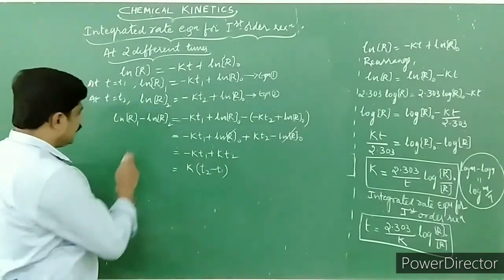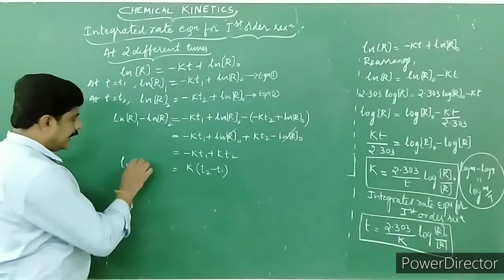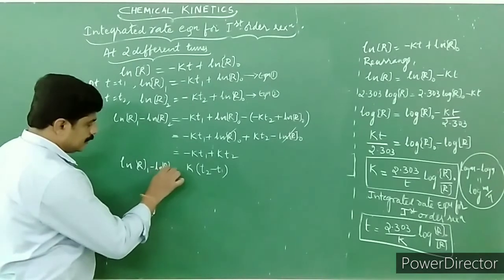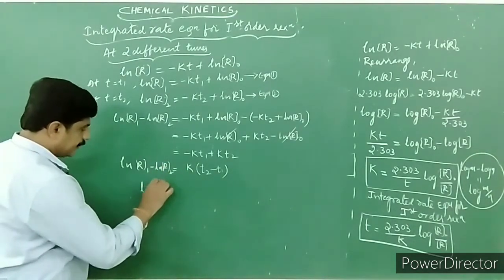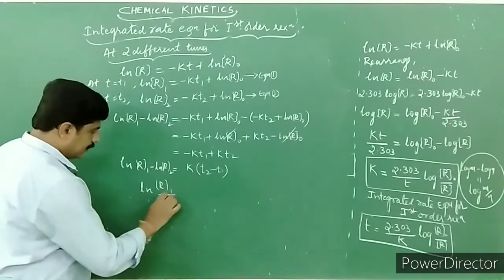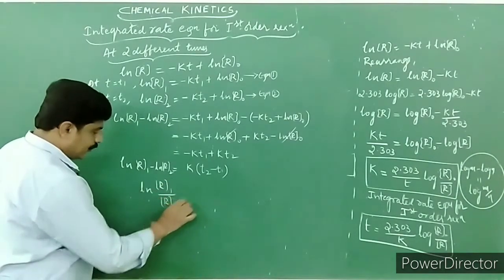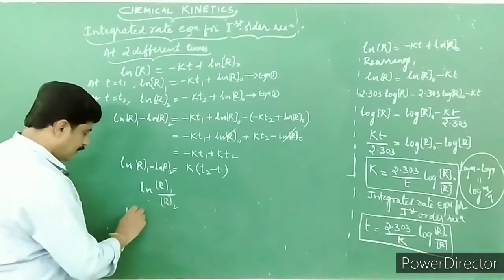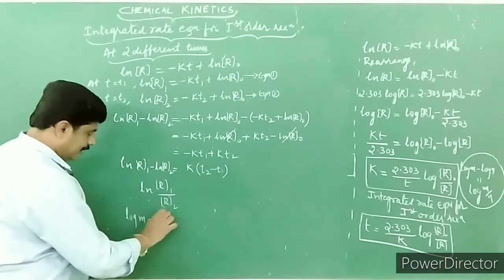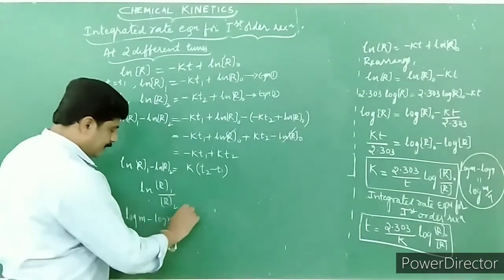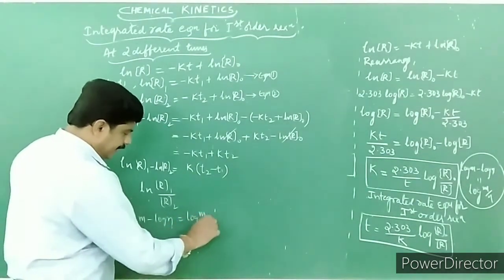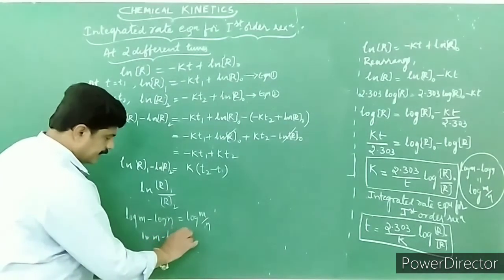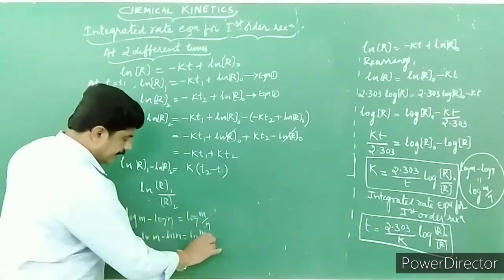Is it not? Now look at here, other side, what do you have? We have ln R1 minus ln R2. Now what do I do? Look at here children, ln R1 upon R2. Why? You know this, log m minus log n is equal to log m by n, or ln m minus ln n is equal to ln m by n.